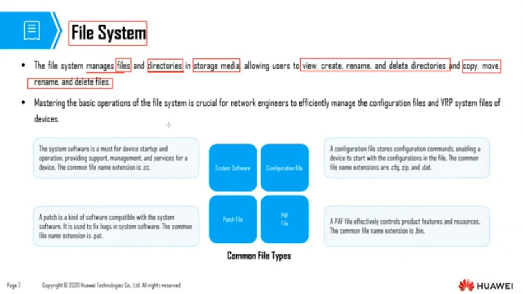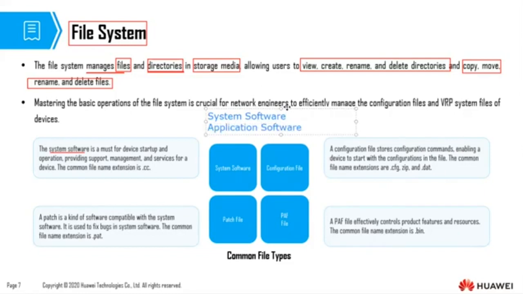Now, there are some files that you must be aware of. 4 types of files have been highlighted here. The first one is the system software. Now, as we know, when we learn about types of software, we normally refer to 2 categories: the first one being system software, and the second one being application software.